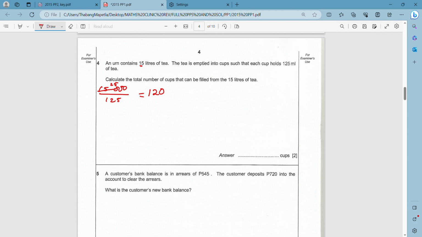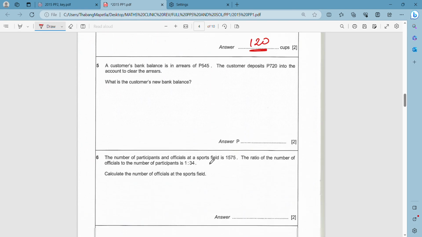So it's 15,000 divided by 125. Yeah, it will be 120. So we're going to have 120 cups filled with tea. So that is correct. We'll move on to the next one.